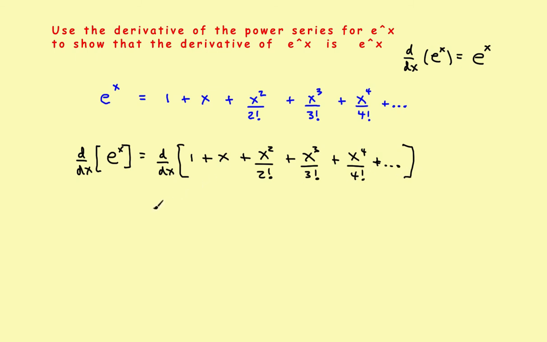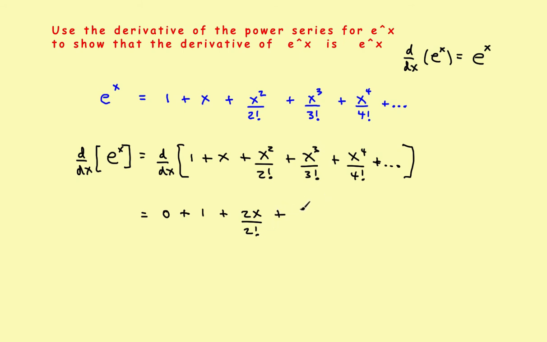Okay, now in the next step, we'll actually go ahead and take the derivative. And again, when you take the derivative of a power series, it's called term-by-term differentiation. So just take the derivative of each term as if it was a separate problem. So the derivative of a constant is 0. The derivative of x is 1. Then the derivative of x squared would be 2x, and that's divided by 2 factorial.